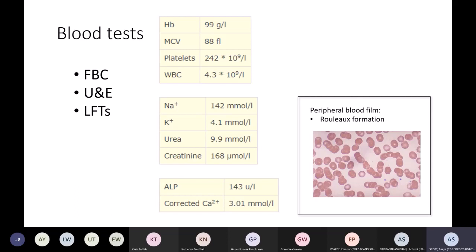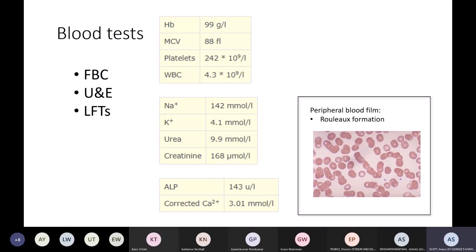ALP, does anyone know a bit about ALP and why that might be raised? Indicative of bone damage. Yeah, exactly. So ALP, although it comes up in your liver test, isn't specific to the liver, and it can indicate bone damage, which is why in myeloma it's raised. And then you've got your corrected calcium, which is raised as well, so the hypercalcemia.